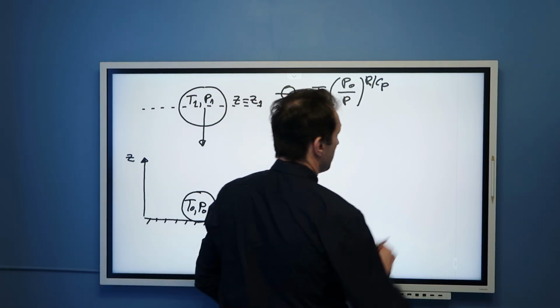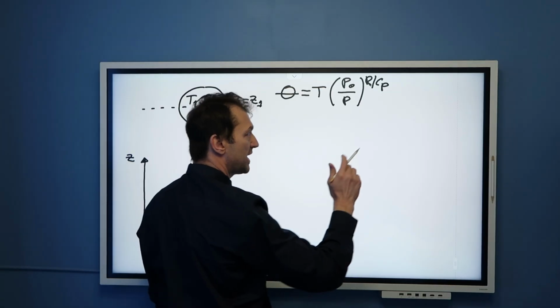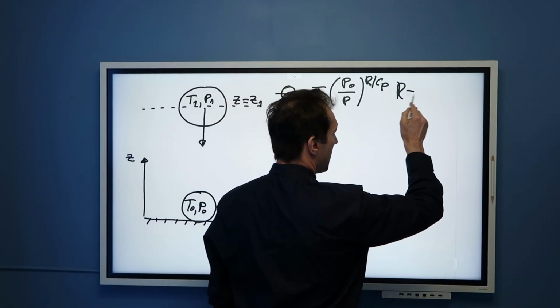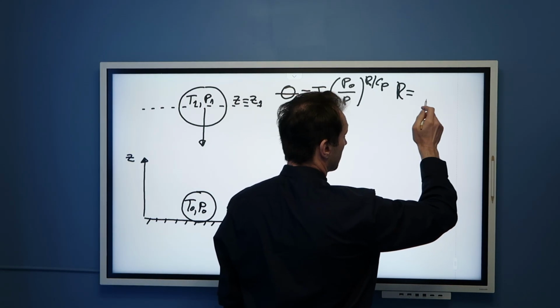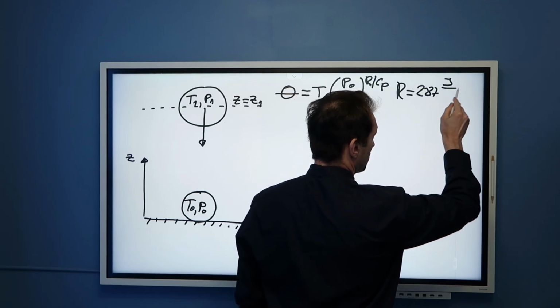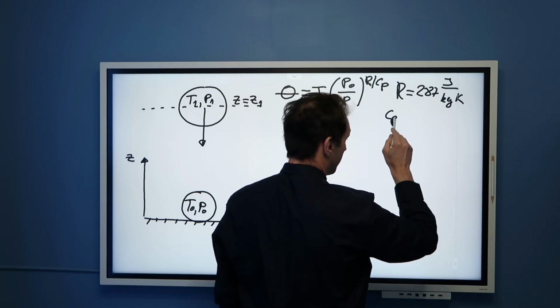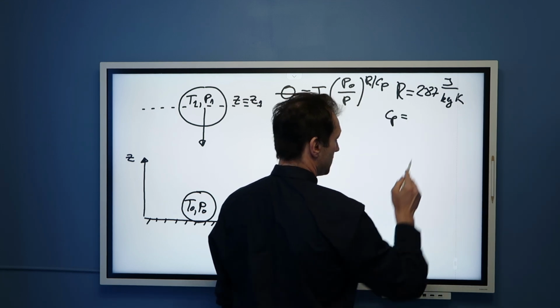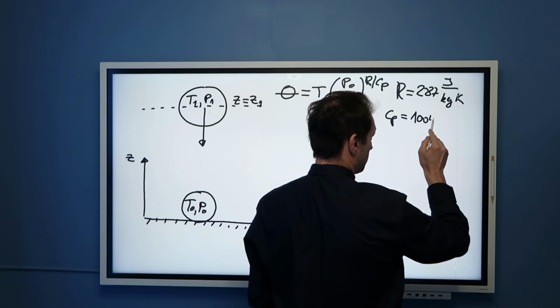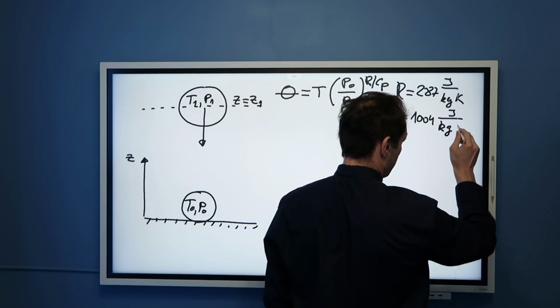R is, you remember, because this is for dry adiabatic processes, air is dry, so this is the dry air gas constant, 287 joules per kilogram per Kelvin, and Cp is specific heat at constant pressure, 1004 joules per kilogram per Kelvin.